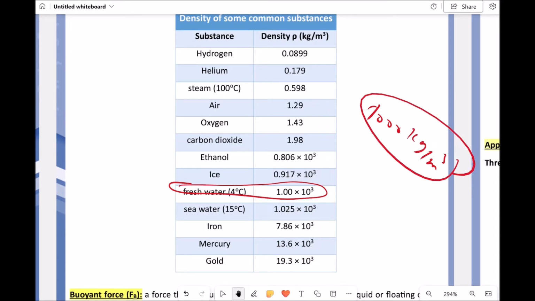This is the density of water. As you can see, the sea water is 1.025 times 10 to the power of 3. In the questions, you'll be given the density of the other materials, so you don't have to memorize them. But just know that the density of fresh water is equal to 1 times 10 to the power of 3 kilogram per meter cubed.